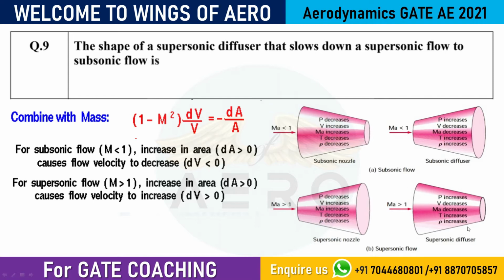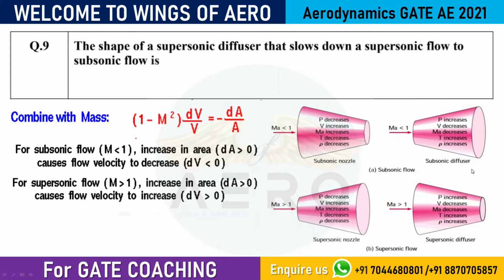If we want to slow it down, we have to make a convergence. Further, to make it subsonic from the convergence, when we reduce the Mach number, it will almost come to our throat. For further reduction of velocity, we need to increase the area in the subsonic flow. If you increase the area, the velocity will decrease.